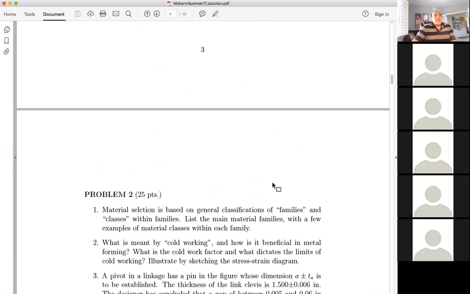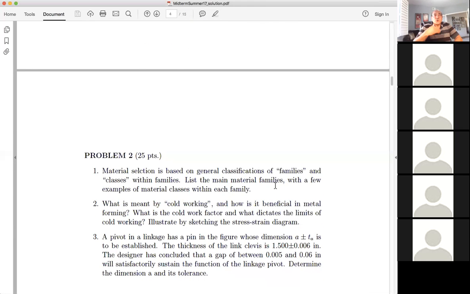The next question was more qualitative, and one part was from chapter 1, and I'd like to discuss that. The idea for qualitative questions is that there's some information in the book that is of the nature of background information or useful information for material selection, material properties, or shaft characteristics or configurations.